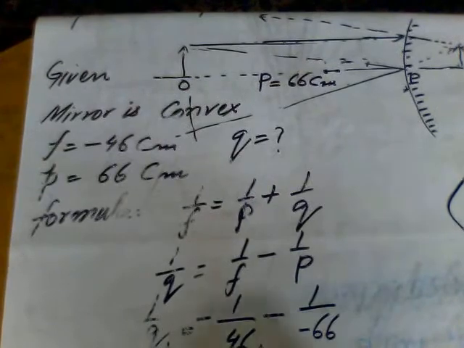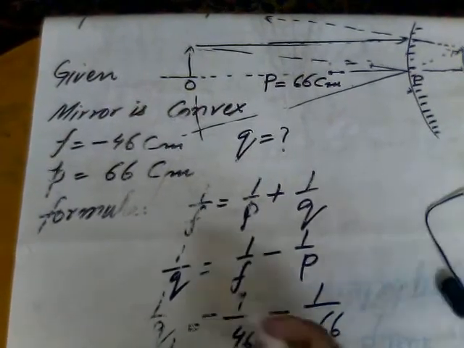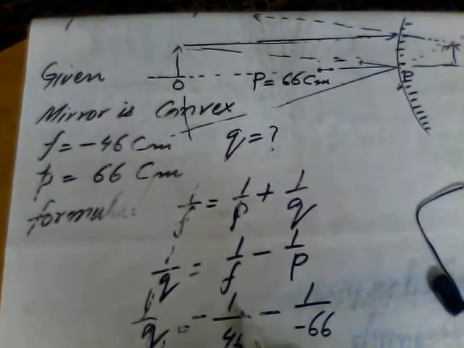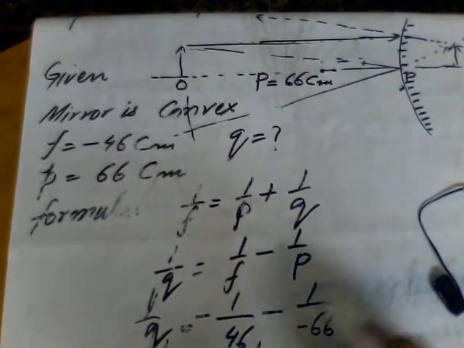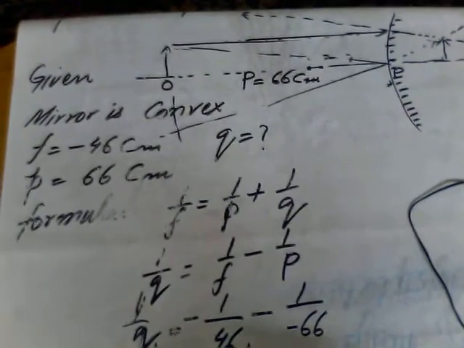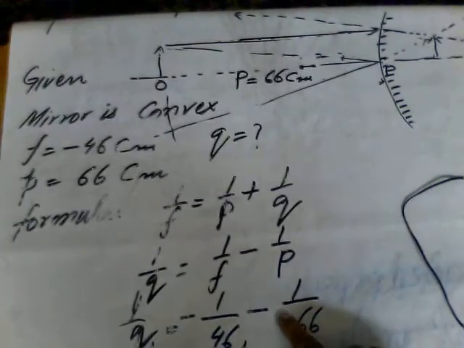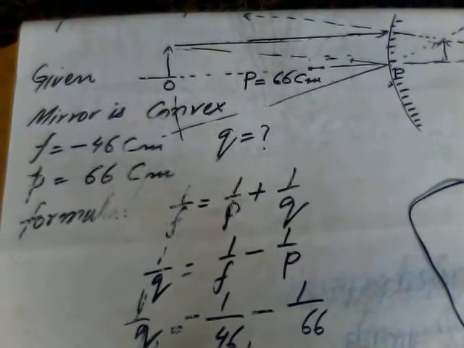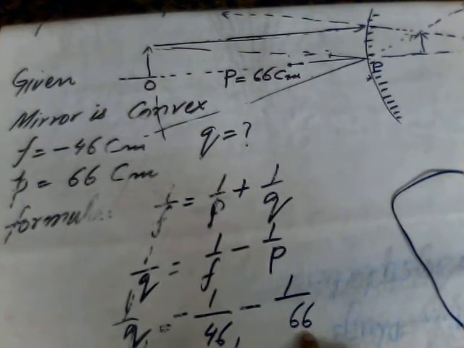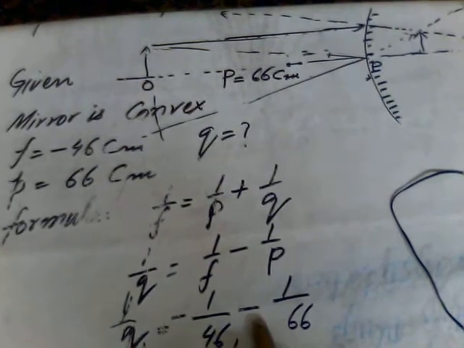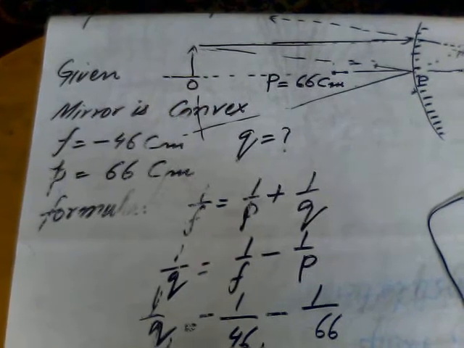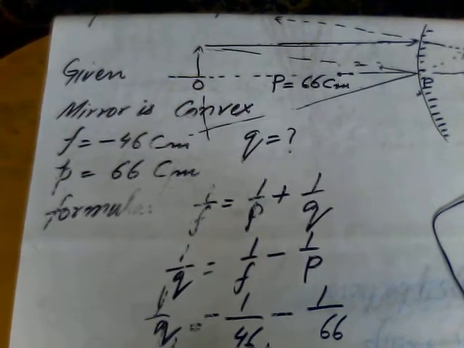When we place the values and solve it, 1 over Q is equal to minus 1 over 46, the value of F, minus 1 over 66, the value of P. Of course, both have the minus sign, and we will take the LCM and simplify.